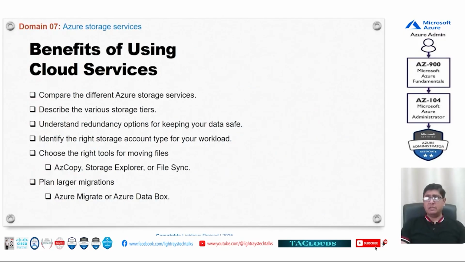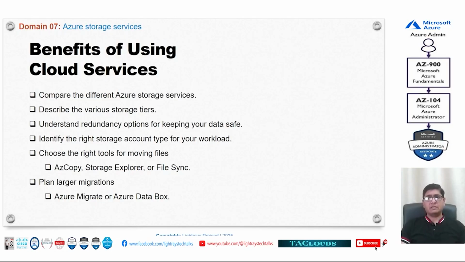So what will be the benefits of using the cloud services? Number one, we will understand compute with different storage services, and then we will explore various storage tiers, like how we will store the data and how much it will cost us. Different tiers will be there: hot tier, cool tier, archive tier.